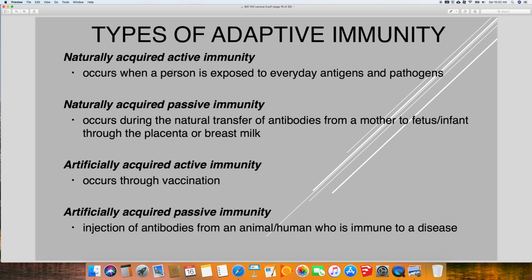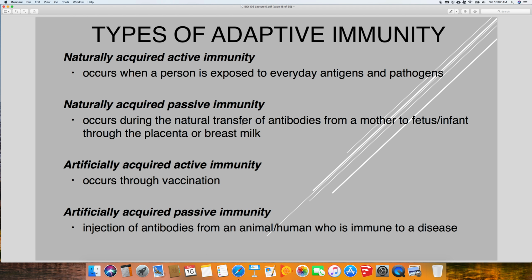So naturally acquired active immunity, this is your typical exposure to antigens. Okay, you get a cold and then you get over it. Naturally acquired passive immunity, this is when a mother is passing antibodies to a fetus or an infant through the placenta or breast milk. Artificially acquired active immunity, this is vaccination.